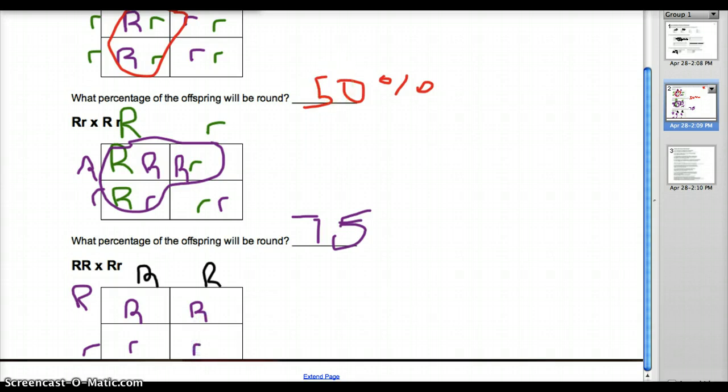Like I said, I just like to always keep my capital letters first. Now the question that's been cut off is going to say what percent are going to be round. And if you notice, I've got big R's in all 4 blocks, so we're going to have 100% that are going to be round. Okay?